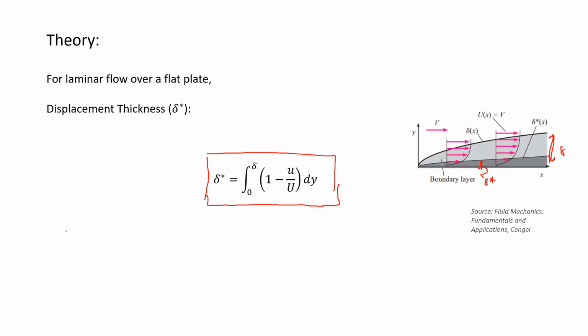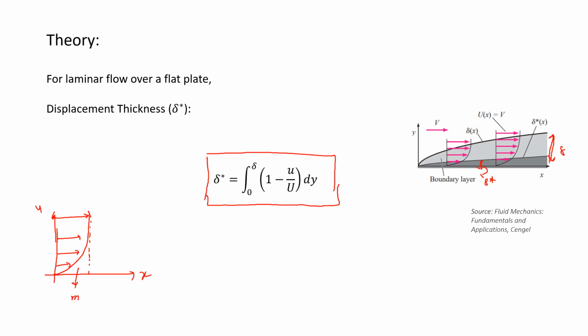So if you want to visualize, let's say you have some configuration like this is x, this is y, and your velocity profile is like this. So it's here, here, and here, and this is your free stream velocity. You have some kind of mass deficit here.